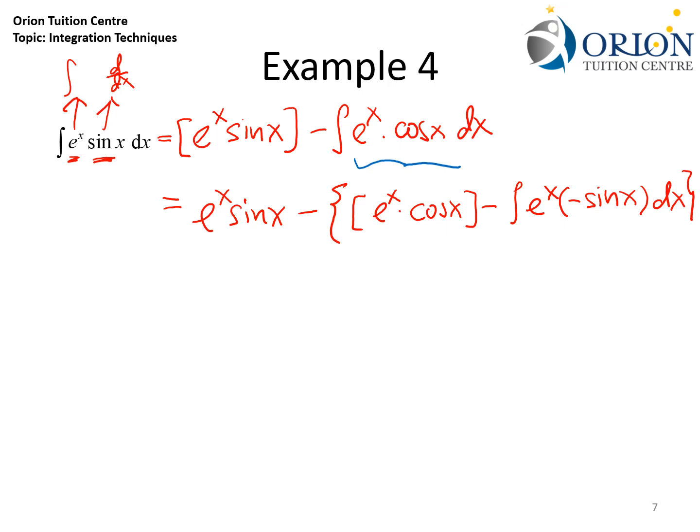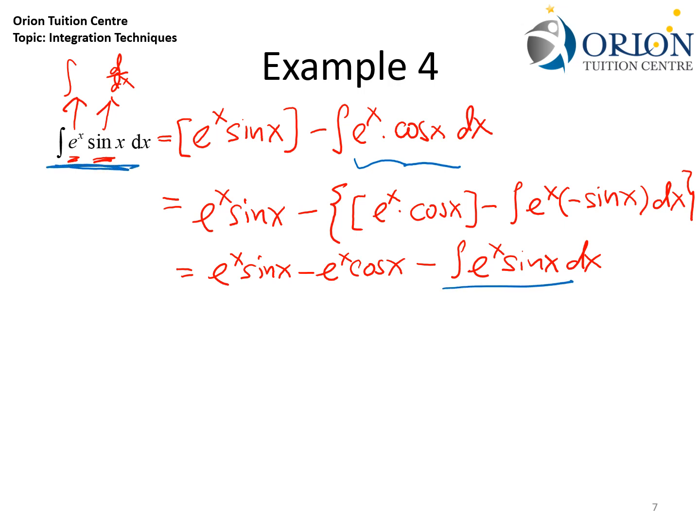Let's simplify this expression first and see what happens. We will get e^x sin x minus e^x cos x minus integration of e to the power of x sin x dx. Now, you observe that this term is exactly the same as our question.